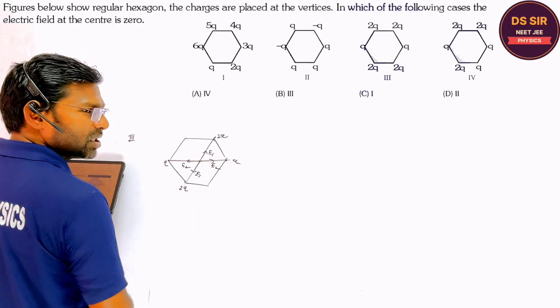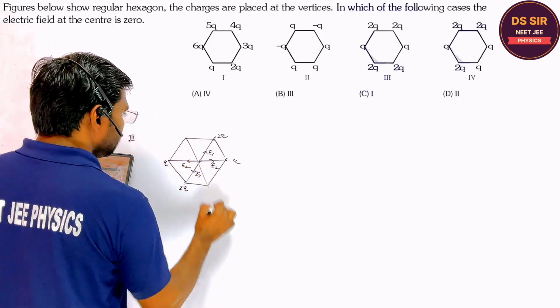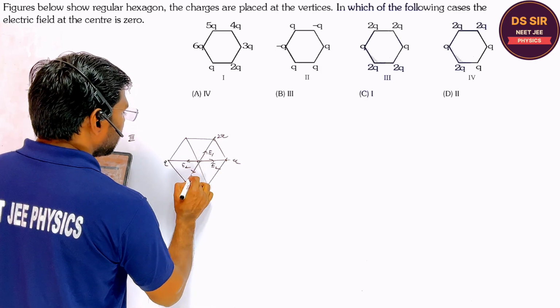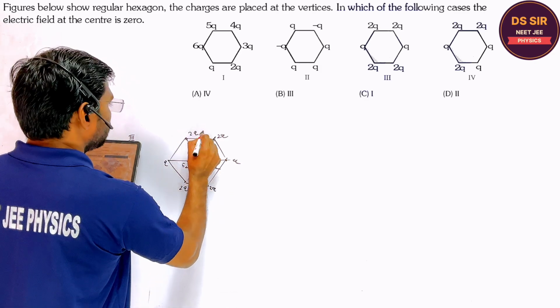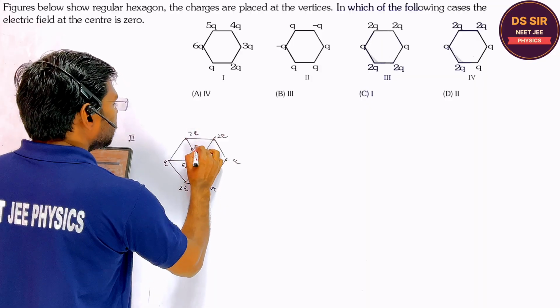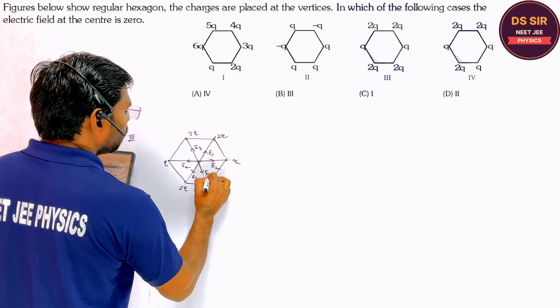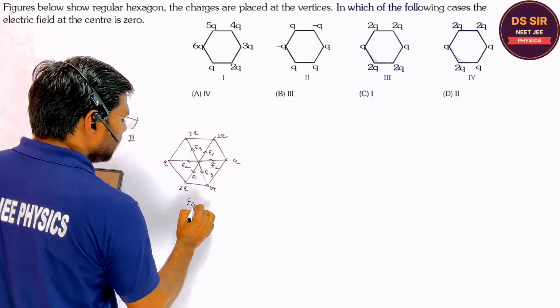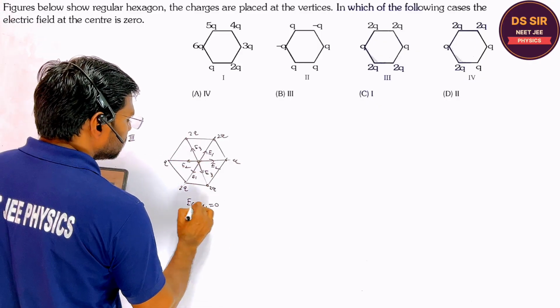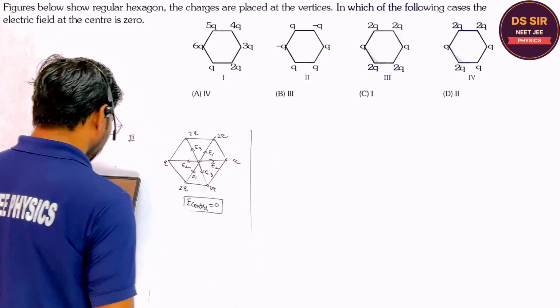They will be cancelling each other. And if you consider this is the point, the 2Q and this is the 2Q, the electric field E3 and E3 will be cancelling each other. So here the net electric field at the center is what? 0. You understand or not, you tell?